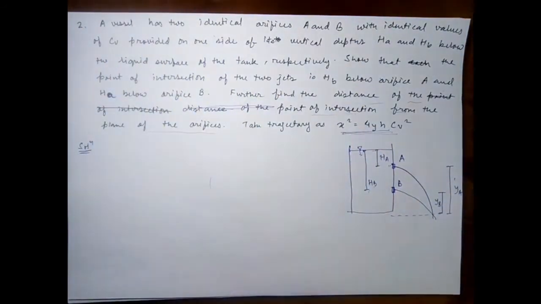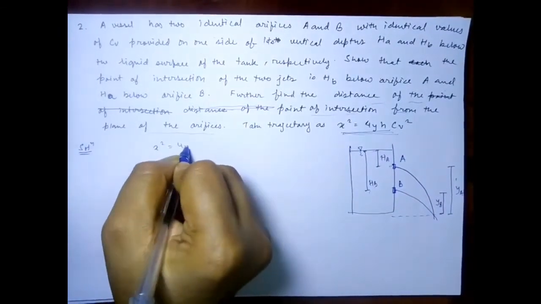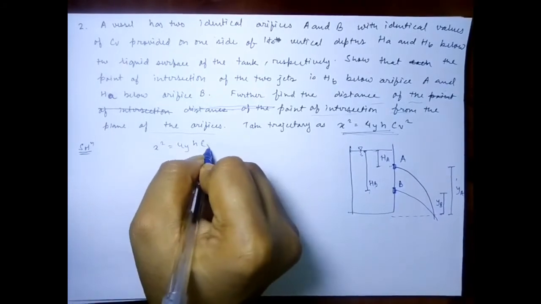Okay, so let's take the trajectory, that is x square equal to 4y h CV square.